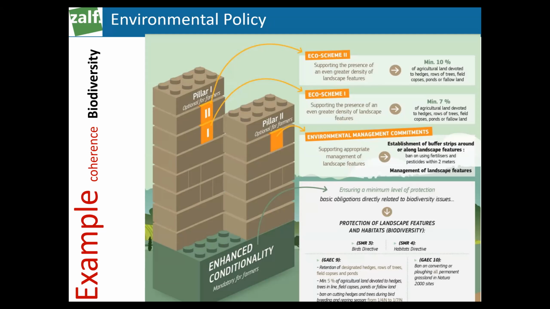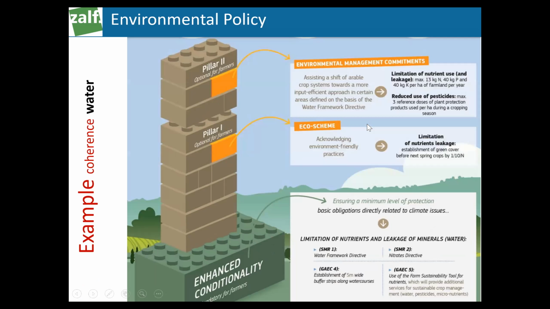This is exactly what we had, the buffer strip program. And looking at strips, what to intend to implement there. And this is a management of landscape features. And you see all 3 activities are bundled towards the same goal. And this is the intention to have a more coherent goal setting of the different funding instruments.